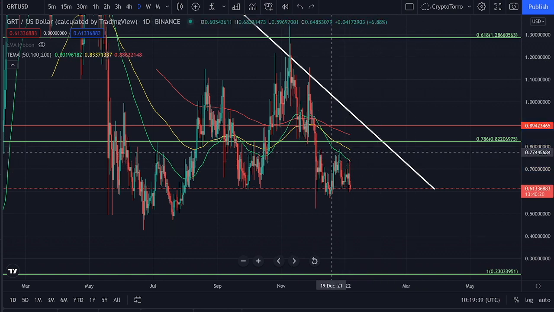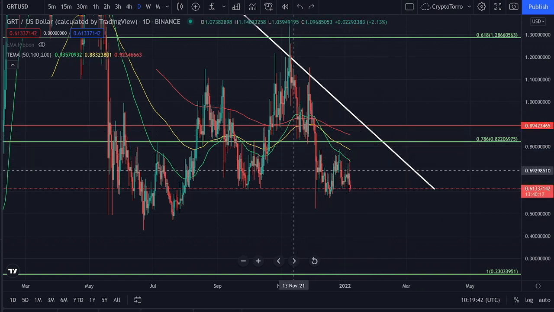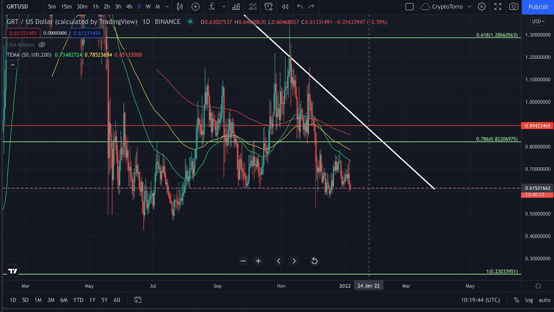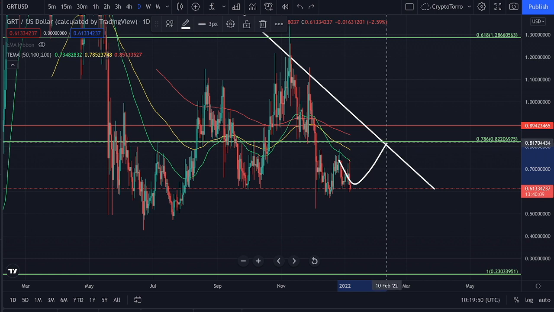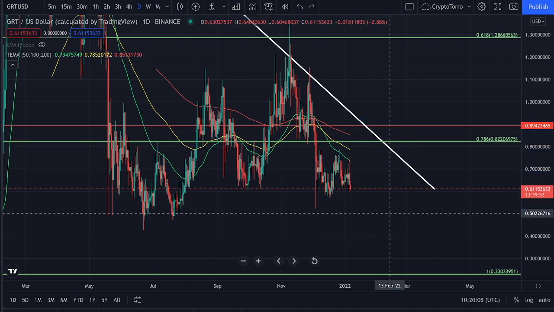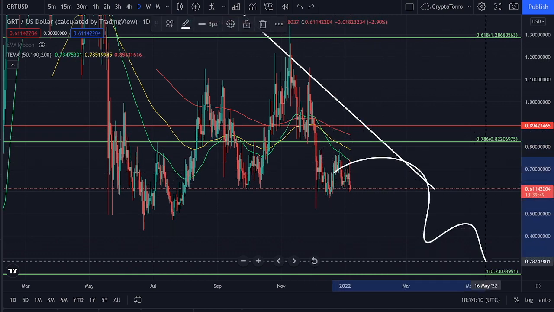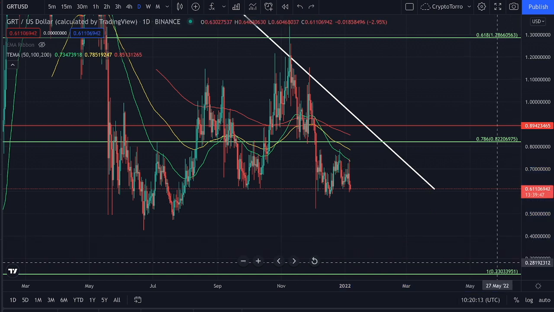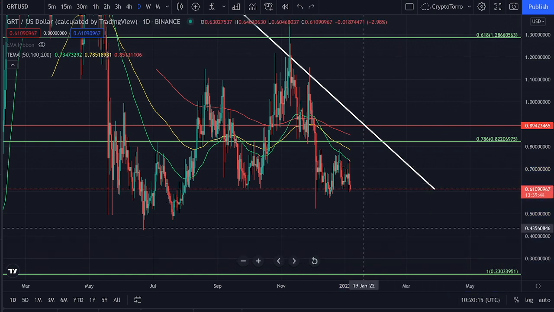Therefore, if we see an increase in price action, we will face difficult resistance above us, because at 0.786 at $82 we will see the Fibonacci range where we might expect major resistance, as well as the descending resistance that we have to break out above, and even further above us the $89, the major level of resistance due to the fact that the most amount of volume has been traded at this range, and also the triple moving averages. So right now I personally think a further decline in price action is more likely to occur, because we are seeing this major amount of resistance above us.